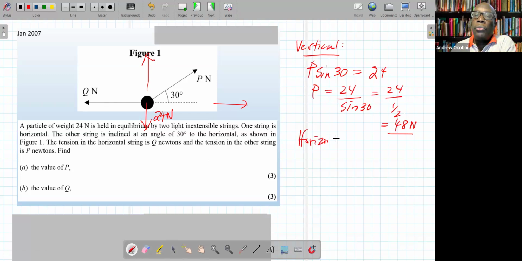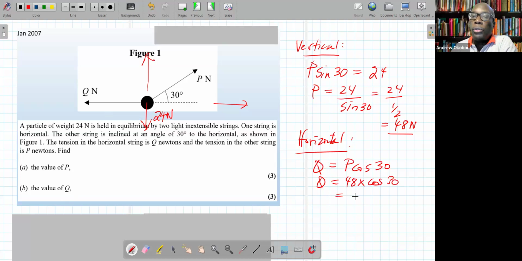Now, horizontal. The value of Q, so I know that Q is equal to P cos 30. So Q is going to equal 48 times cos 30. Now cos 30 is root 3 over 2. So this gives me 24 root 3.